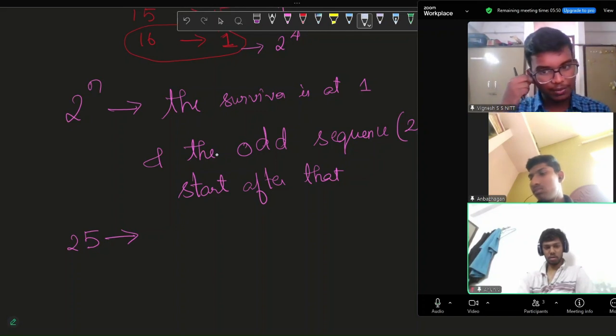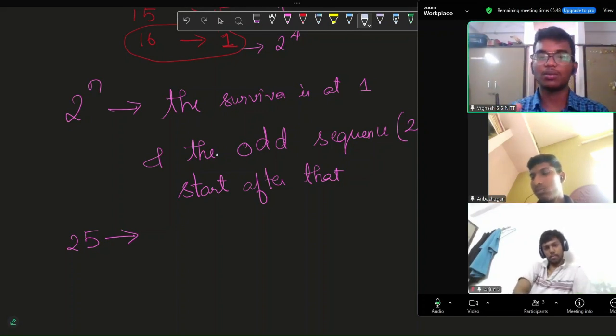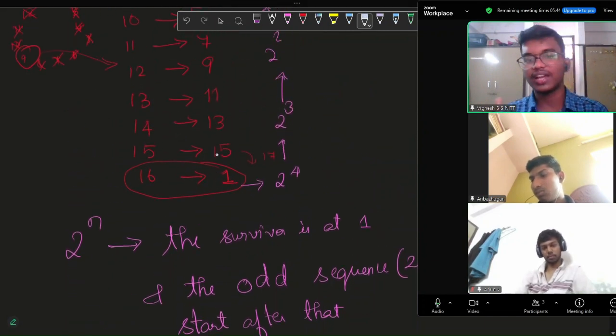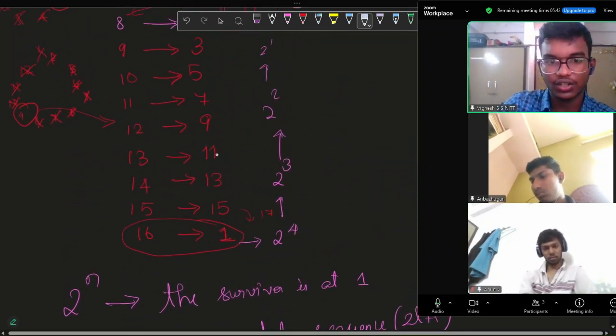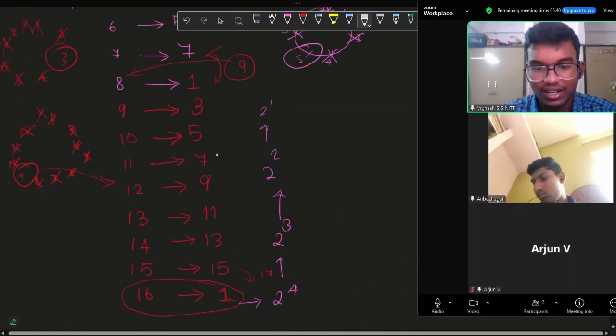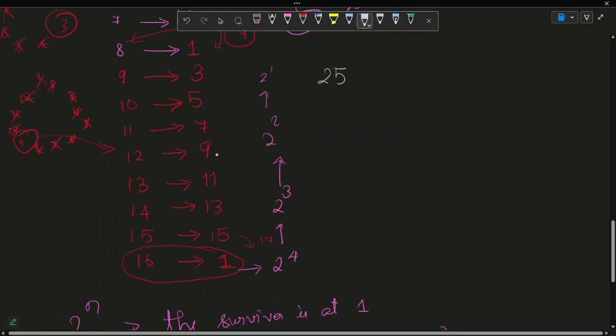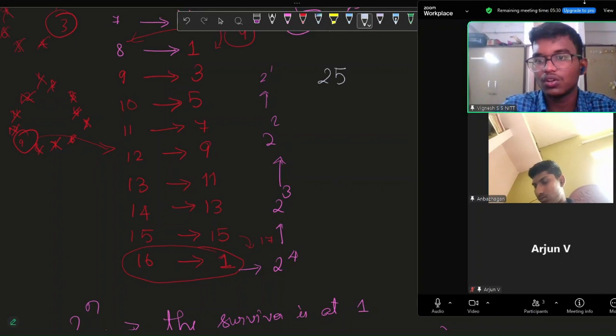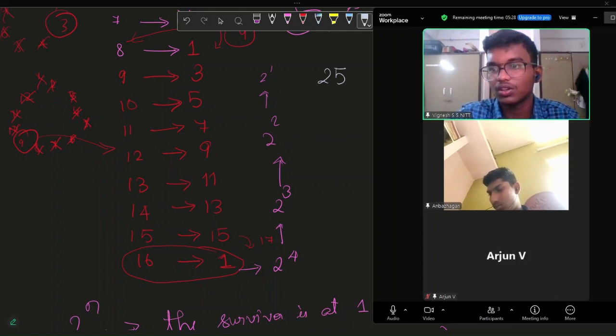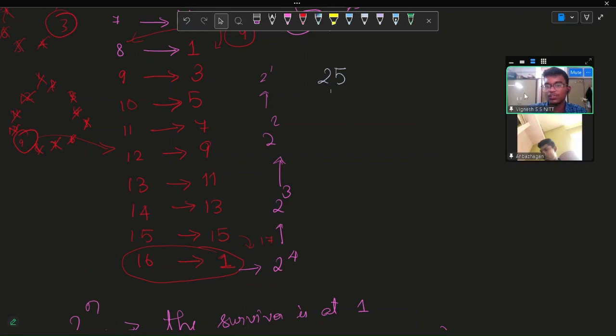Before generalizing the answer as a formula, we'll think about our idea and then try to figure it out. So the number which I gave was 25. 25 means it comes after 16, which is 1. 17 is going to be 3. 18 is going to be 5, which means it is increasing.